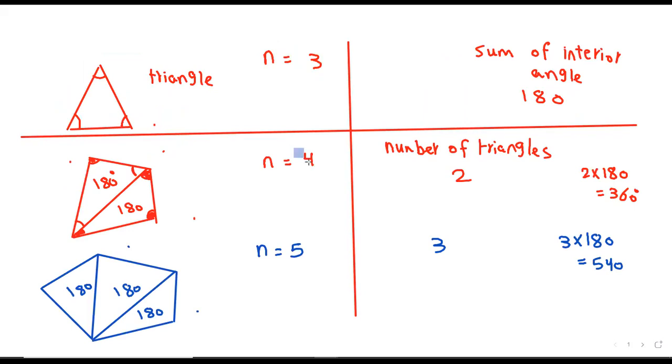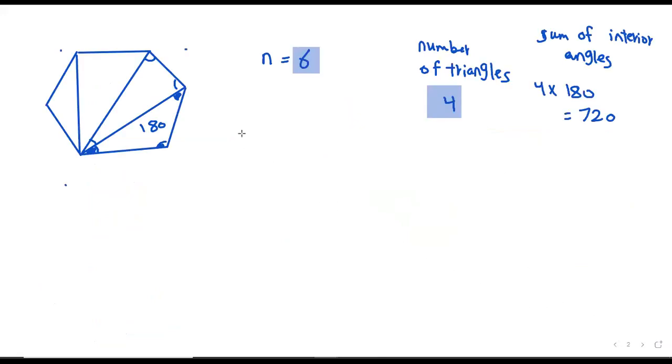The quadrilateral has 4 sides, and we can divide it into 2 triangles. Again, the number of triangles is 2 less. In the pentagon, the number of sides is 5 and the number of triangles is 3. And in the hexagon, the number of sides is 6 and the number of triangles is 4.